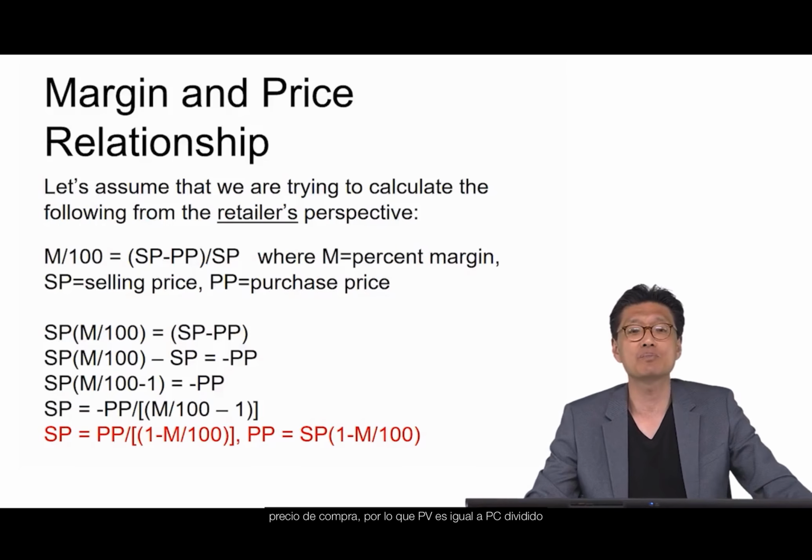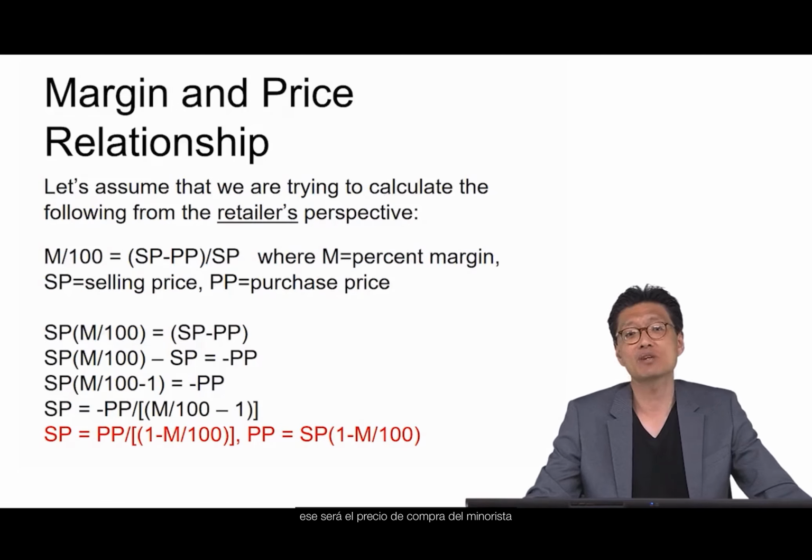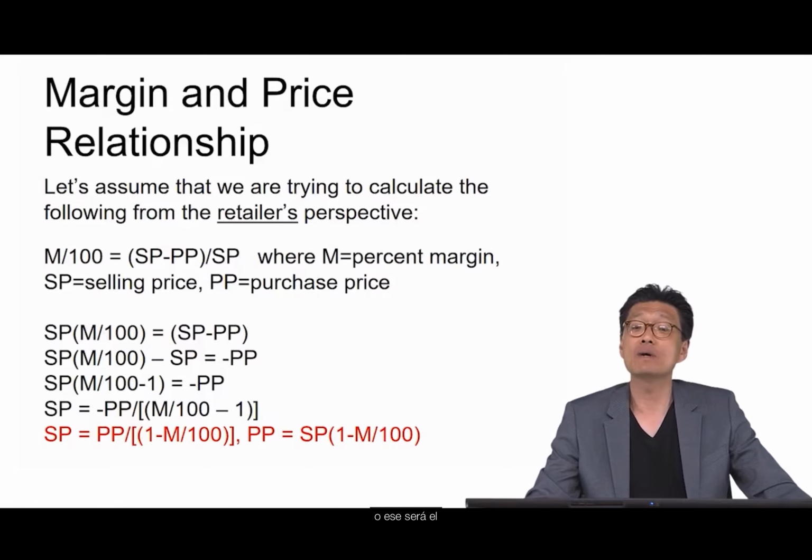SP equals PP divided by 1 minus margin, or the purchase price is SP times 1 minus margin. Again, from the retailer's perspective, that will be the retailer's purchase price, or the wholesaler's selling price.